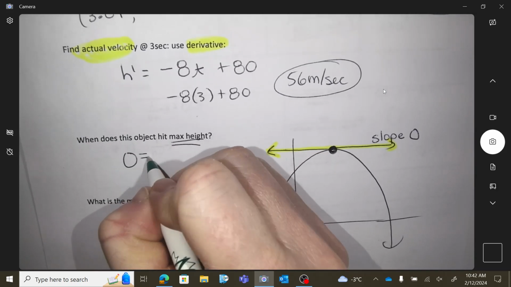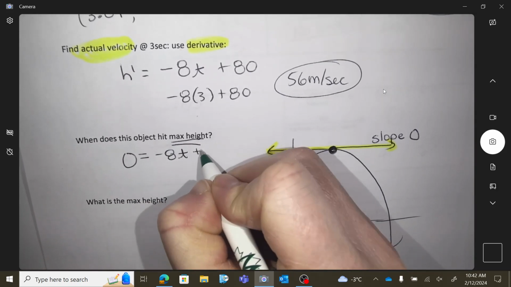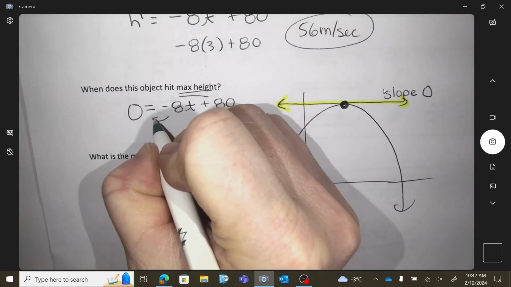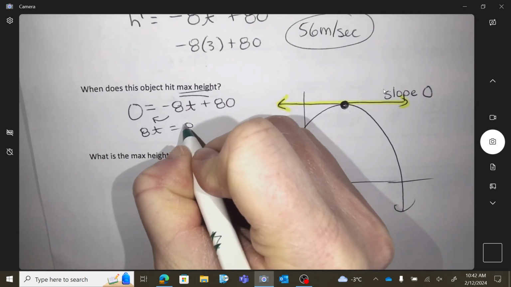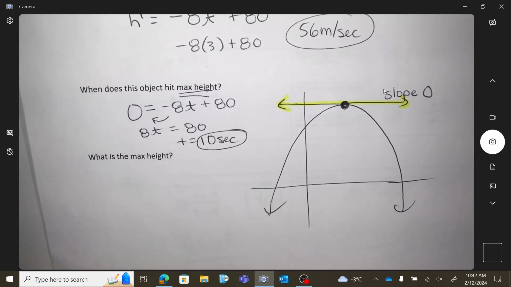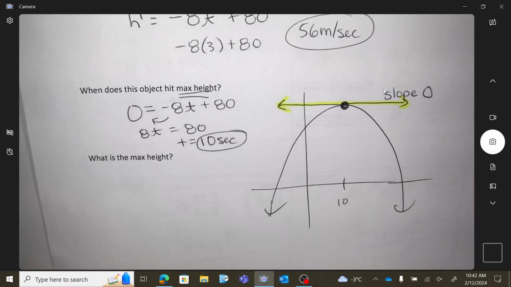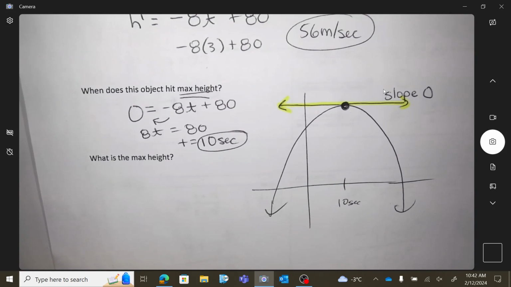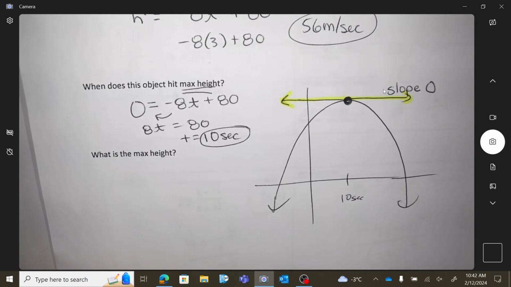The slope equation, the velocity equation, that's what this is, the same thing. So at 10 seconds, it gets a max.